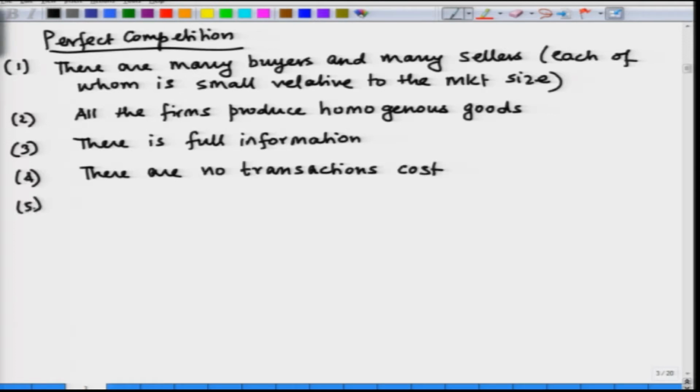And finally, while we will not be needing it right away, we will get back to it a little while later. There is also a condition that there is free entry of firms into the market and free exit of firms from the market.